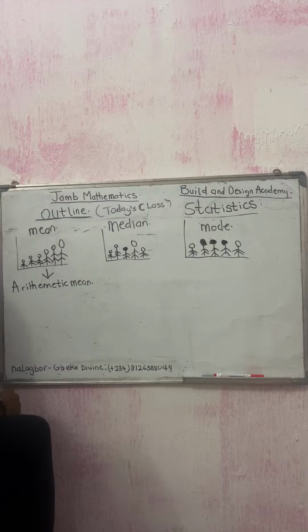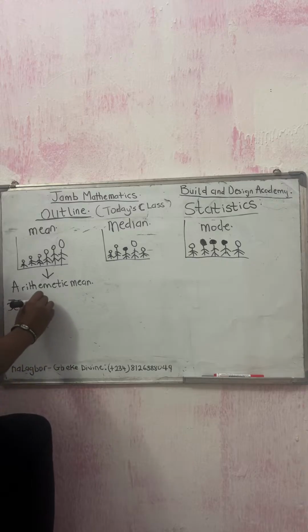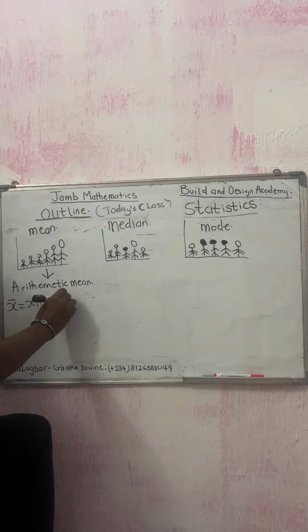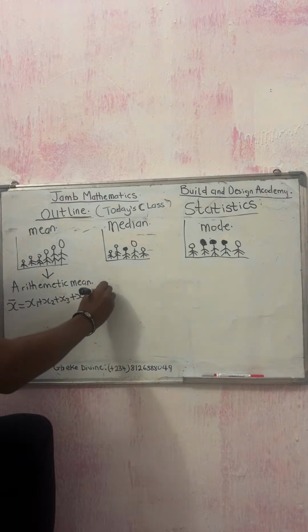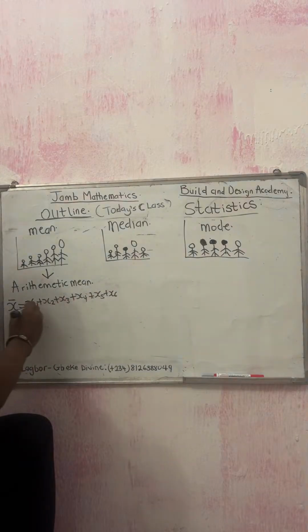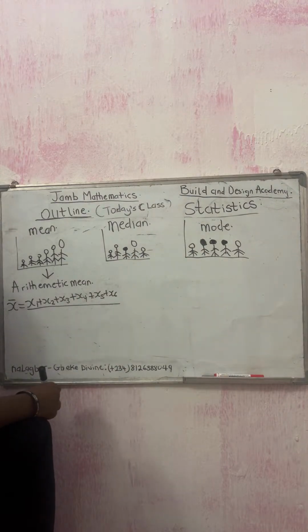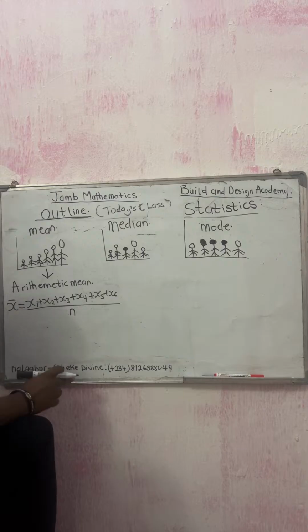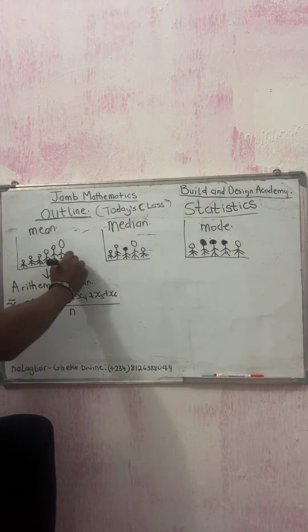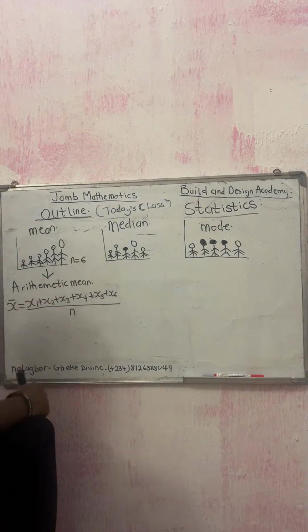So now let's say our mean x is equal to x1 plus x2 plus x3 plus x4 plus x5 plus x6, all over N, where N is equal to 6.